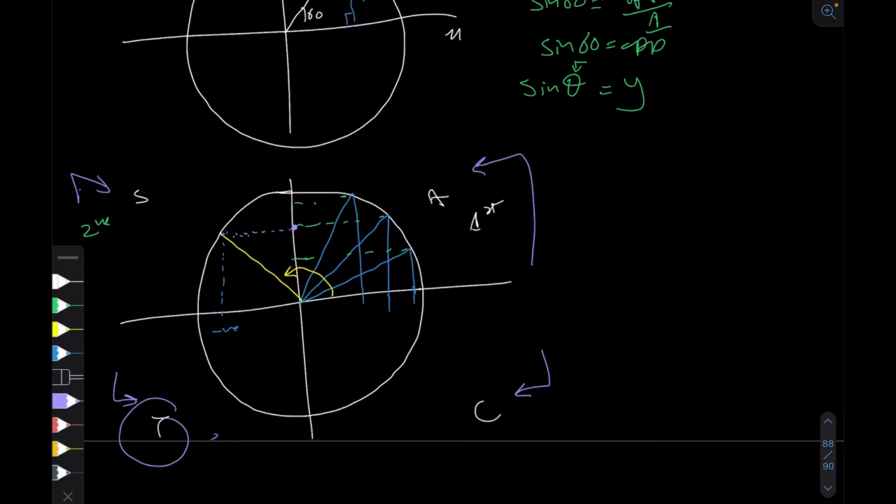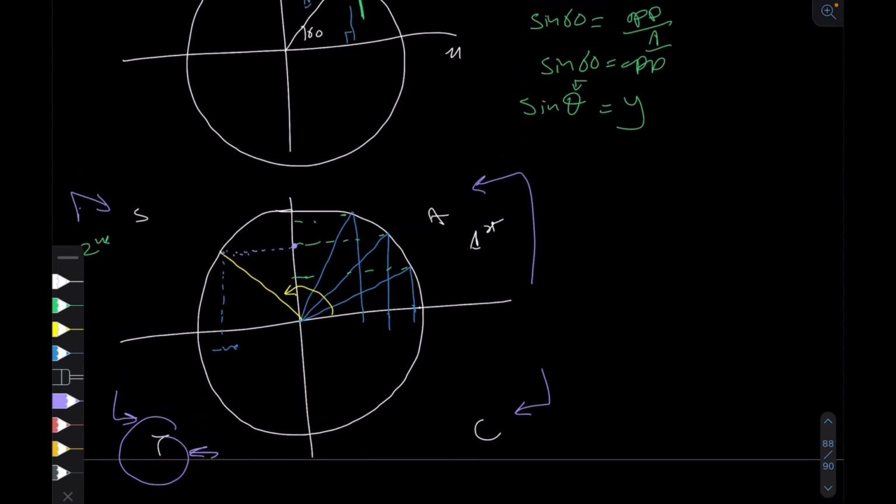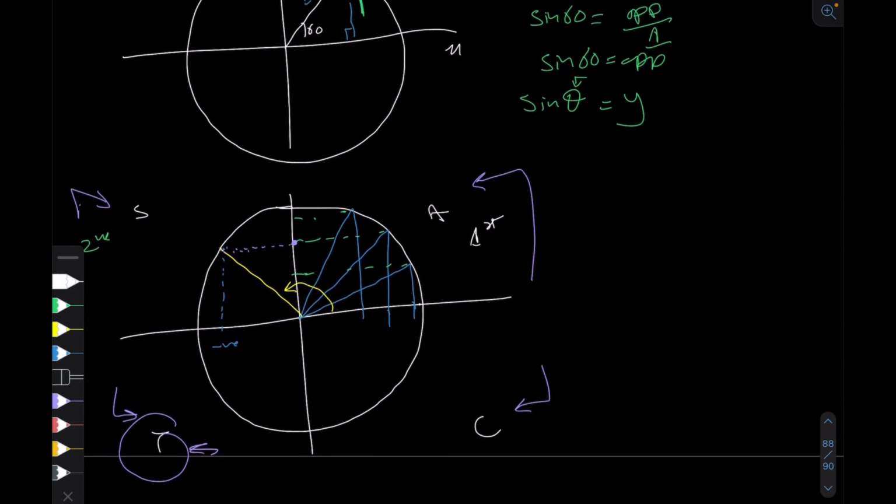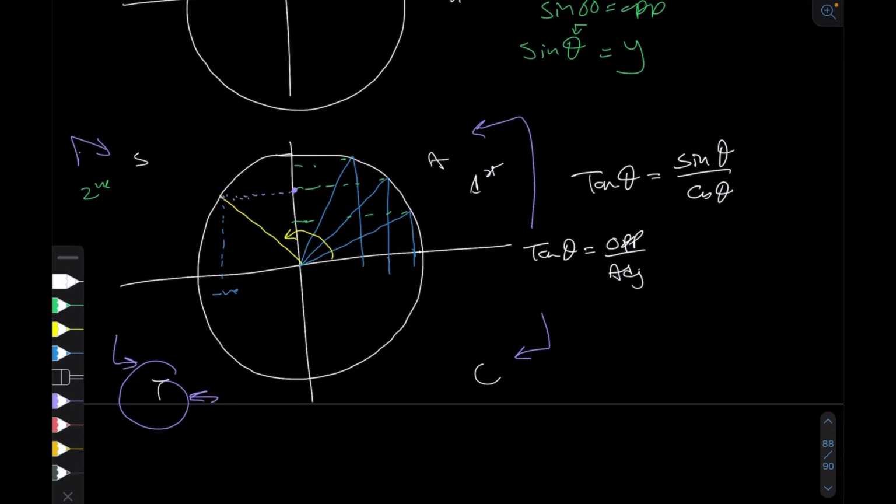And I should come to tan right now because I haven't really talked about tan. And just to give a start, tan theta, from what you already know, tan theta is sine theta over cos theta. What you would probably already know is that tan theta is opposite over adjacent, and sine theta is opposite over hypotenuse, cos theta is adjacent over hypotenuse.